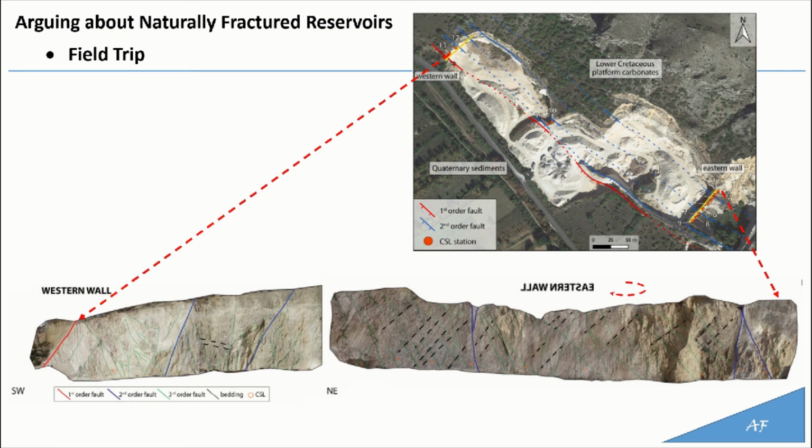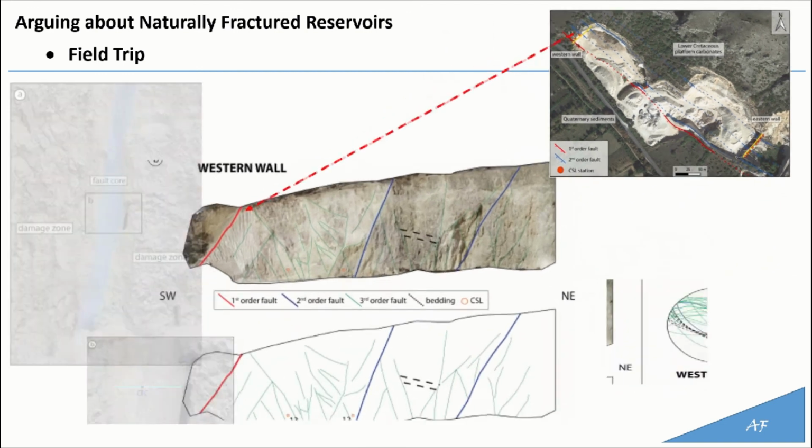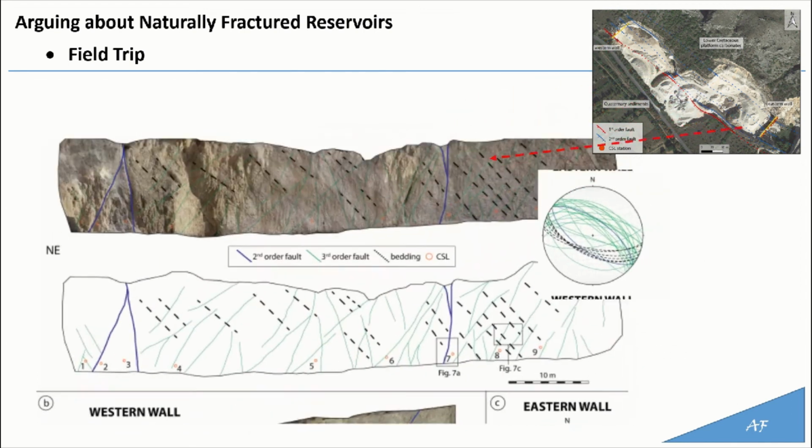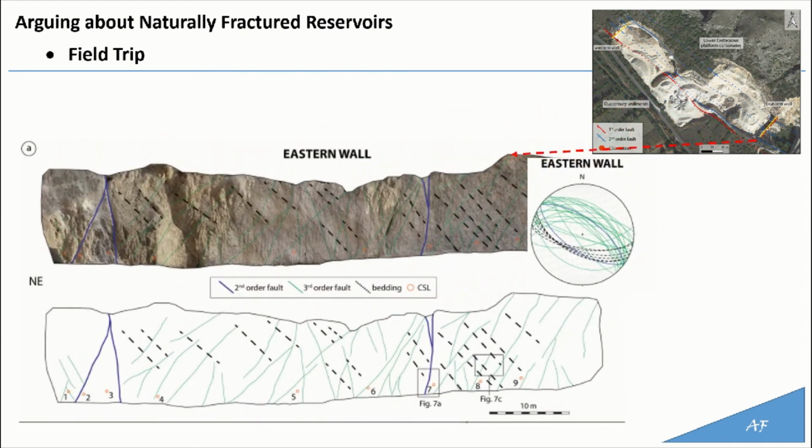This fault is characterized by a complex internal architecture because of the presence of several second and third order faults. Here, the western wall, starting southwest from the first order master fault reported in red, and here the eastern wall.